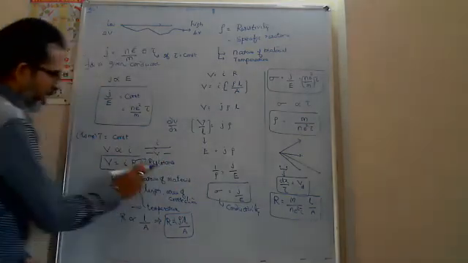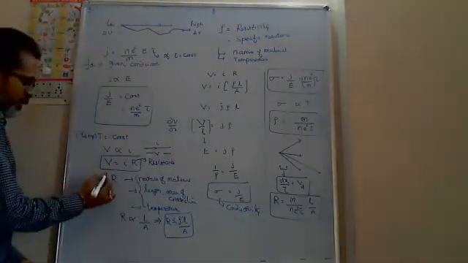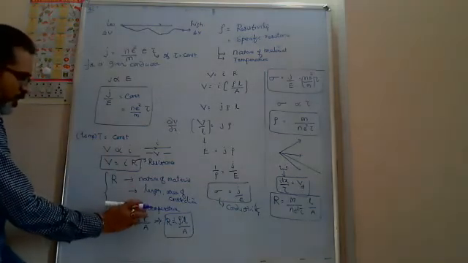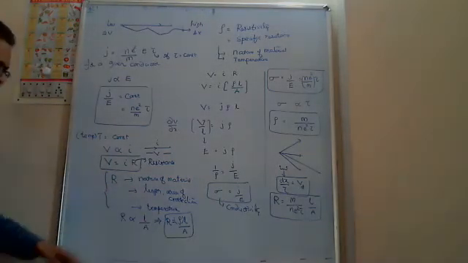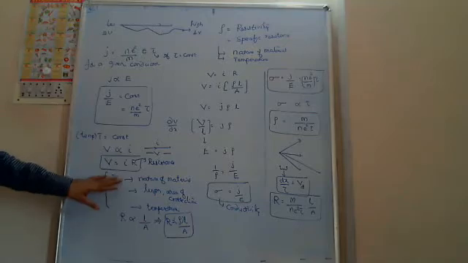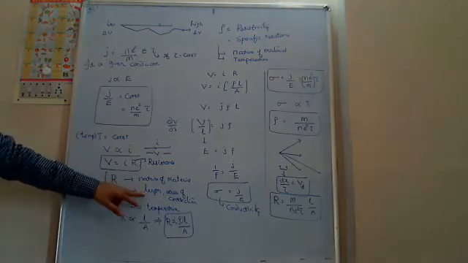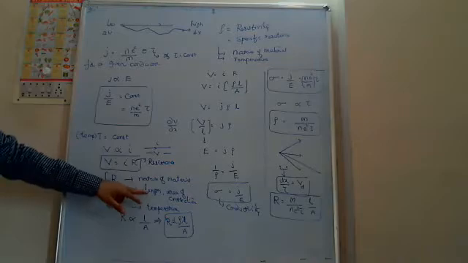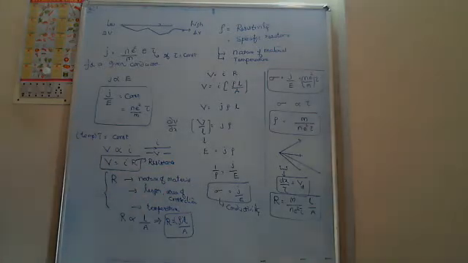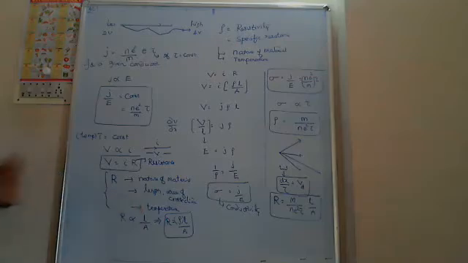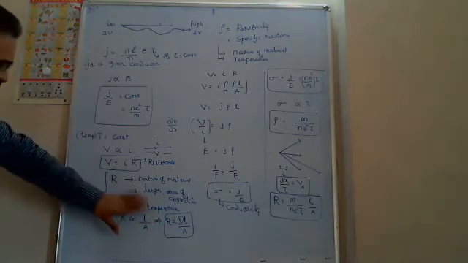Then it depends on whom? Resistance depends upon nature of material and dimensions. Dimensions are length and area of cross section. And number 3, temperature.